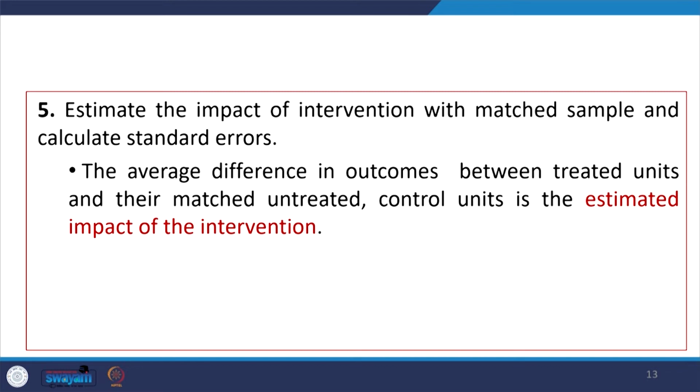The average difference in outcomes between treated units and their matched untreated control units is the estimated impact of the intervention. Basically, once you calculate the average difference in the outcome between the treated ones and the matched untreated ones with similar characteristics, that estimated value is called the impact of those interventions through PSM.